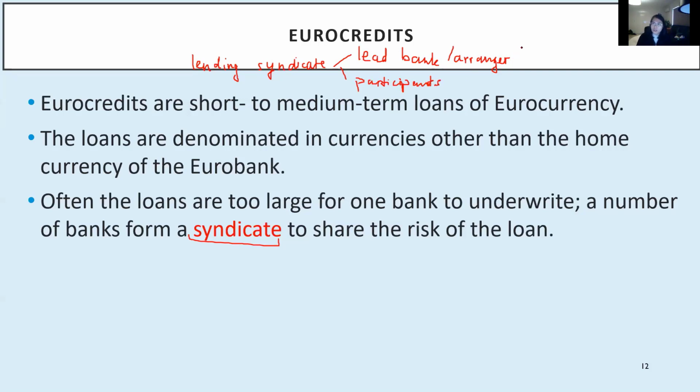The lead bank is the most important member of the lending syndicate, because they are in charge of screening the borrowers, monitoring the borrowers, and communicating between the lending syndicate and the borrowers. So the lead bank is in charge of servicing the loan, and the participant banks rely on the lead bank to monitor the borrower. As a result, for this service, the lead bank tends to charge a fee.